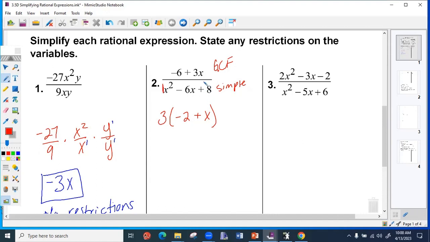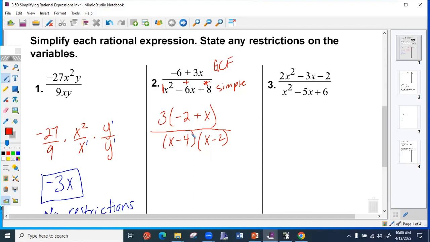So you're asking yourself what multiplies to give you 8, but adds to give you negative 6. I need a negative 4 and a negative 2, because negative 4 times negative 2 is 8, and negative 4 plus negative 2 is negative 6.